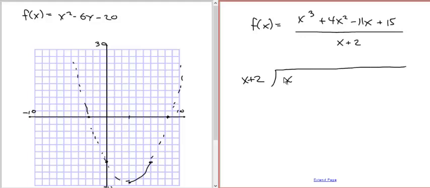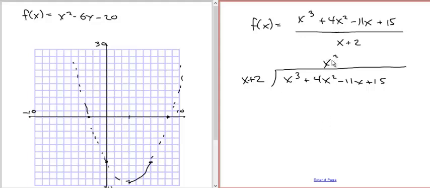Now, if you have any terms missing, which we don't, make sure you put a 0 in for it, because you need the space, you need the place. So we're asking the question, what do I need to multiply x by, the largest term here, highest order term, to get this term? So I say, okay, x squared times x equals x cubed. So I put that over top of the x squared column.